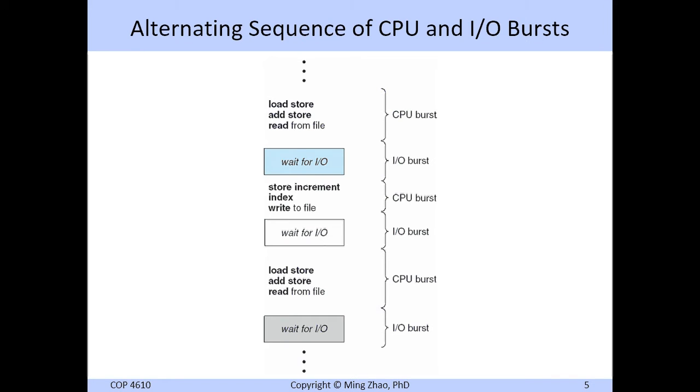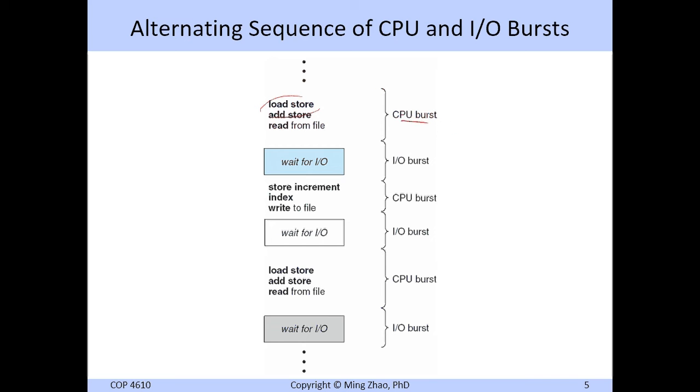So this slide uses an example to illustrate the CPU burst and I/O burst pattern. It's looking at the sequence of execution of one process. This process first does some computation, that's the CPU burst.